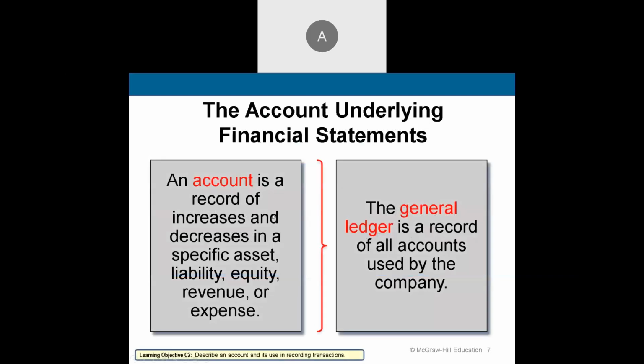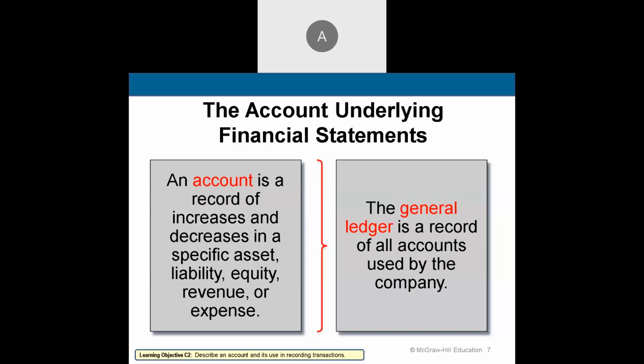So let's talk about the transactions. The transactions, again, represent an exchange. We call this an economic exchange.